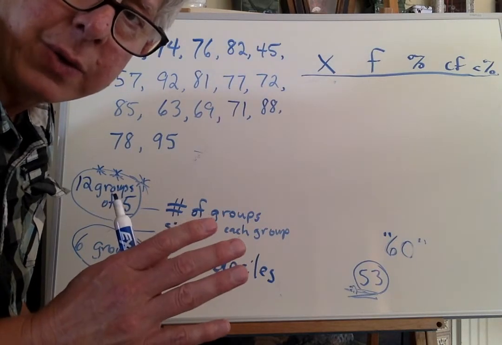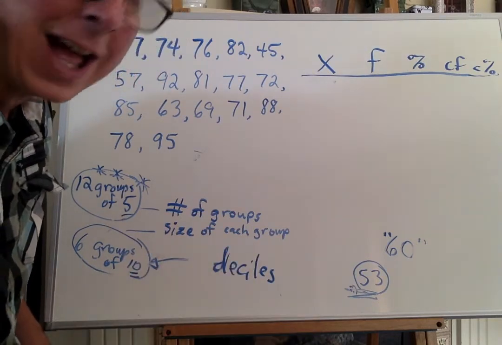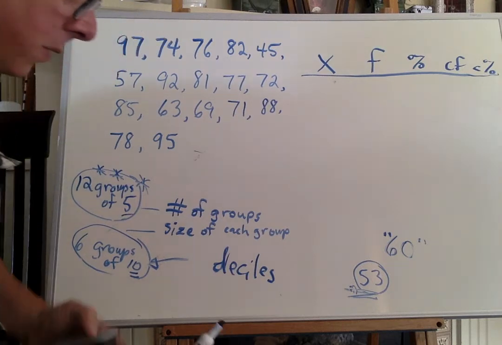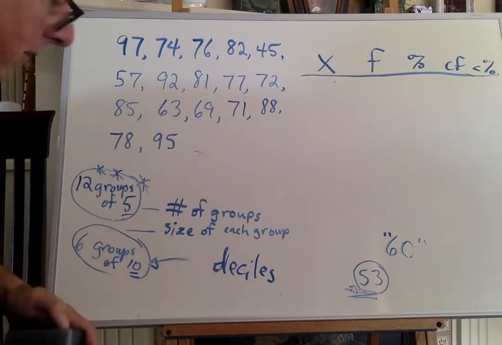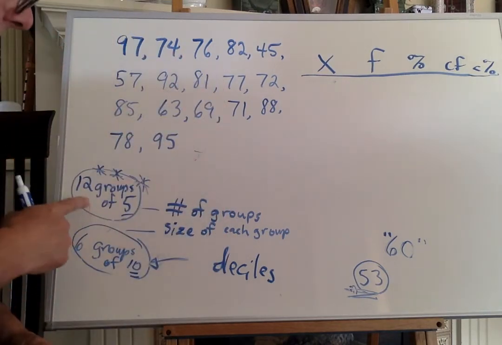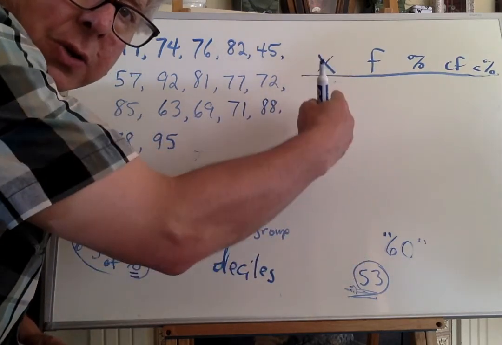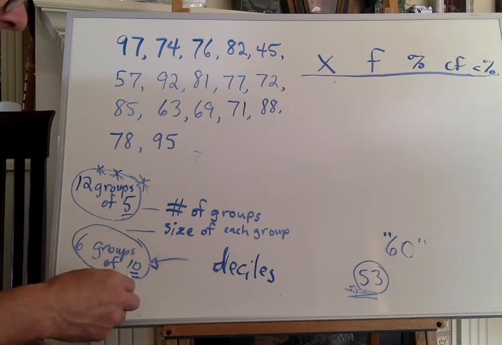If you don't know why we're doing something in this class, please drop me an email, okay? I'll always try to explain why we're doing what we're doing. So this is a big explanation, and now I'll show you how to do this. If these were heart rates, I'd use this because this gives me 12 groups to really see the distribution, okay? Since these are test scores, I'm going to use 6 groups of 10.